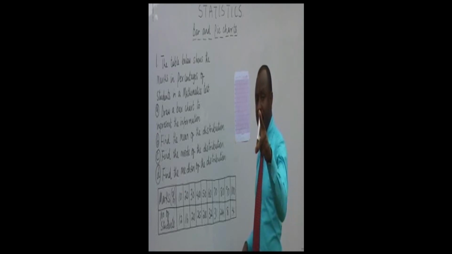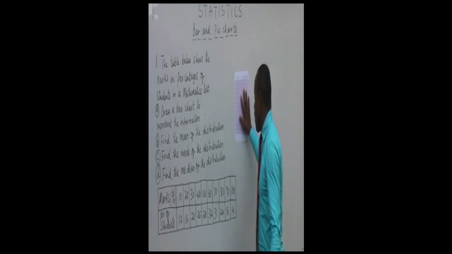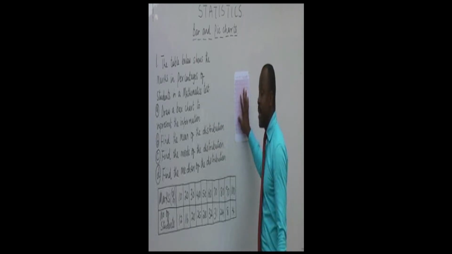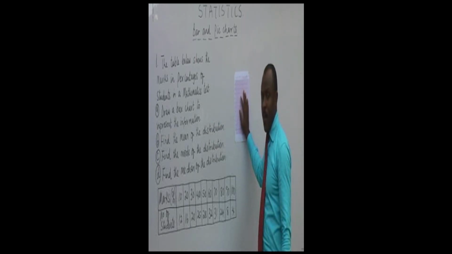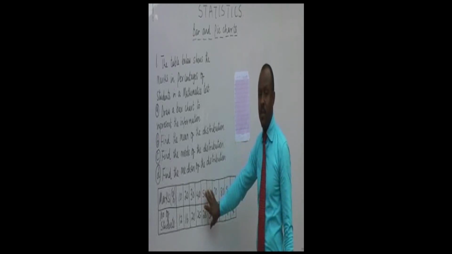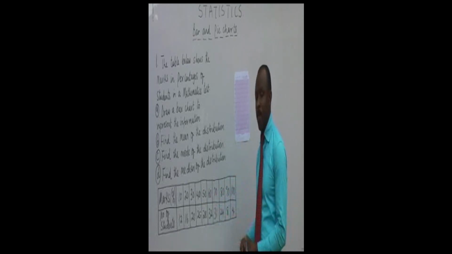I'm going to bring the camera close to this graph paper because we are going to draw the bar chart on this graph paper. When I bring the camera close, I'm going to teach you the techniques of drawing the bar chart from a distribution table in this form. Now this is the graph paper.